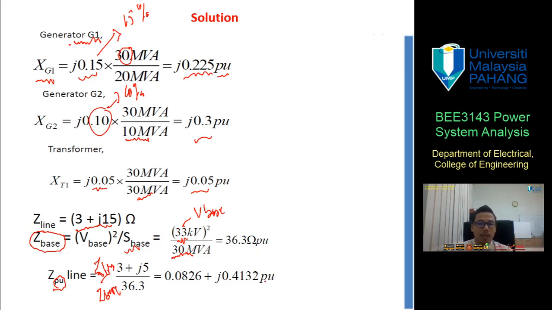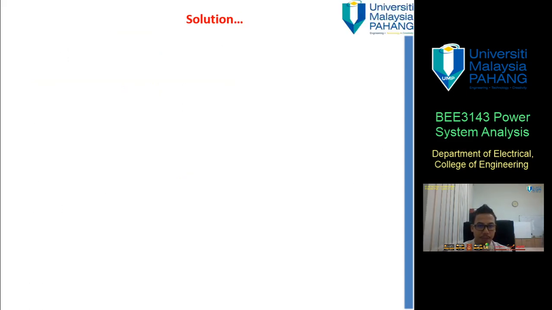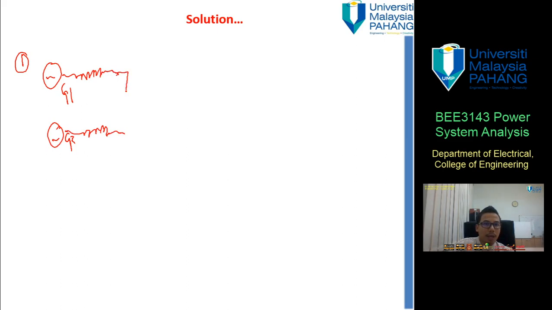Okay. Now what's next? We want to simplify the circuit. Right now we don't have anything, so that's why we need to draw it. First of all, we have two generators, G1 and G2. They have XG1 and XG2. After that they have the transformer reactance.